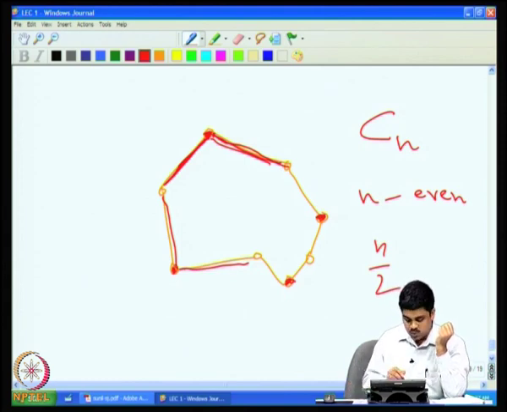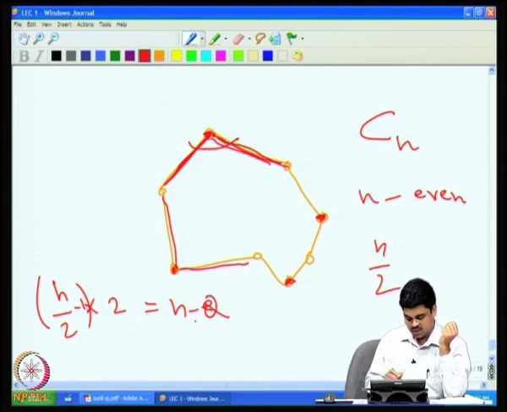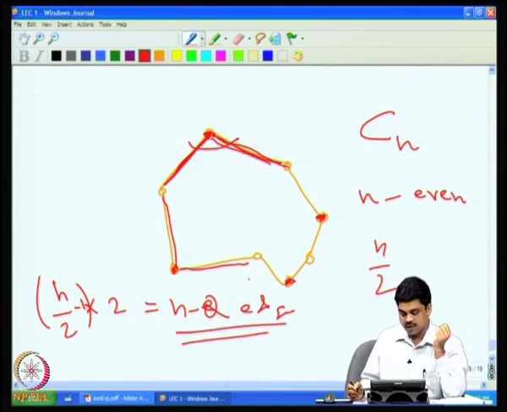So each vertex is taking care of only 2 edges. Together n by 2 vertices can take care of only n edges. If you could do it with n by 2 minus 1, that will take care of only n minus 2 edges. So, the remaining 2 edges will be left uncovered. Therefore, n by 2 is a must.